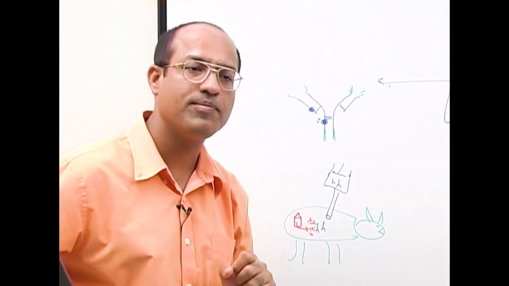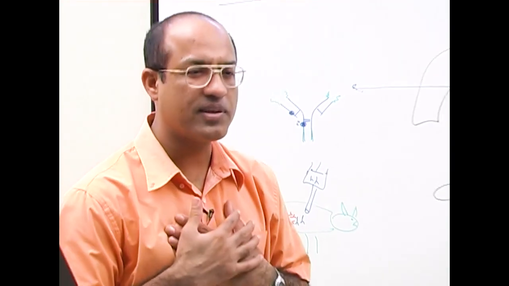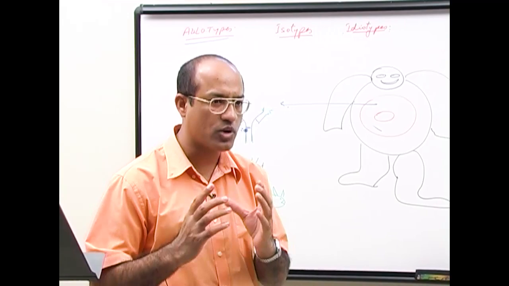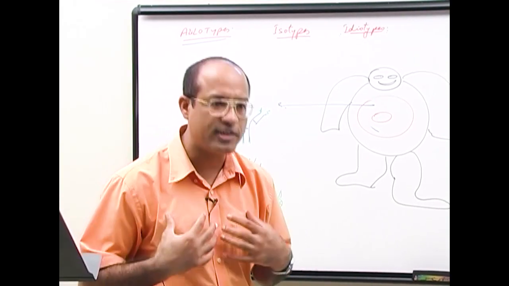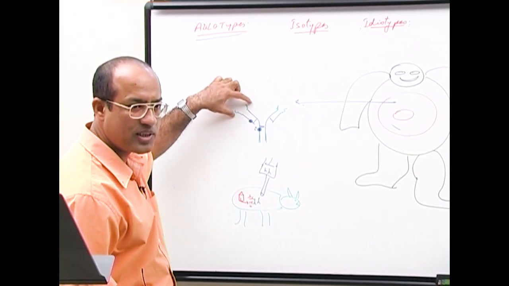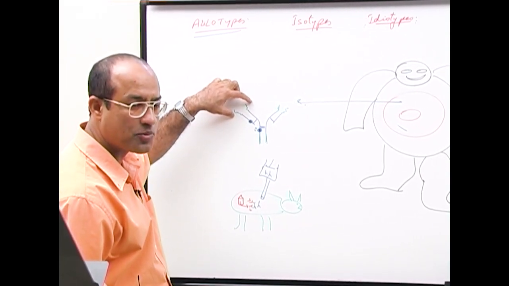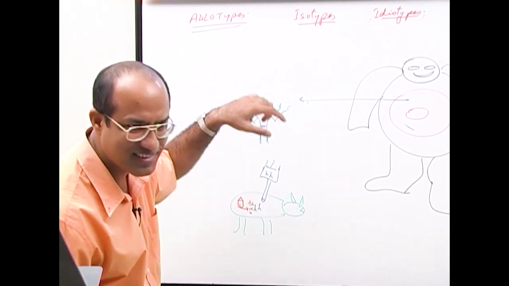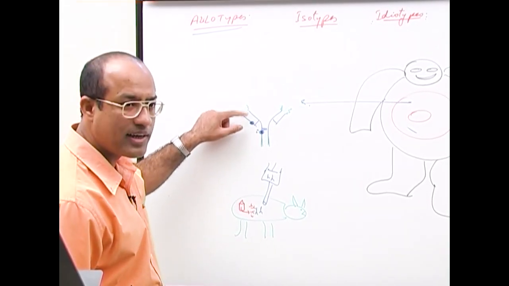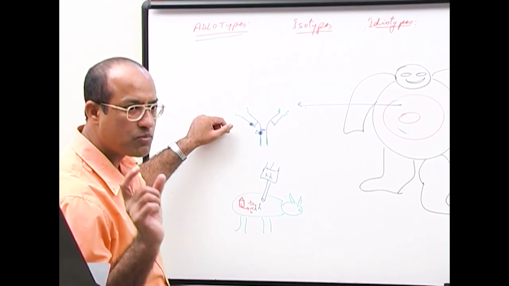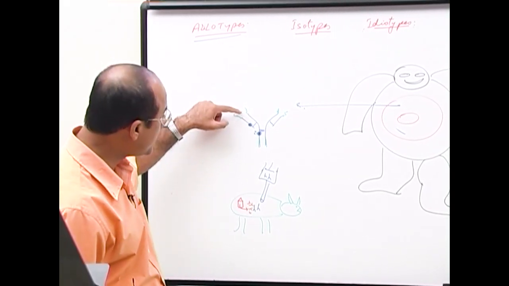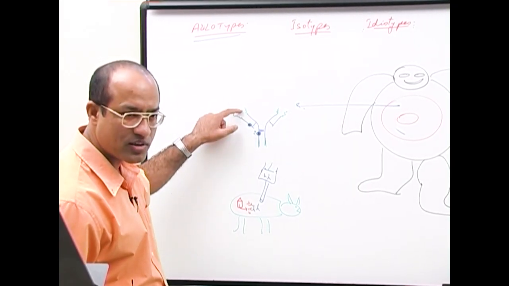Now tell me one thing. In one person, if you classify all my antibodies according to these variable regions, how many antibody groups will I have? Millions, right? All the antibodies made by one clone of B cells have the same variable region.